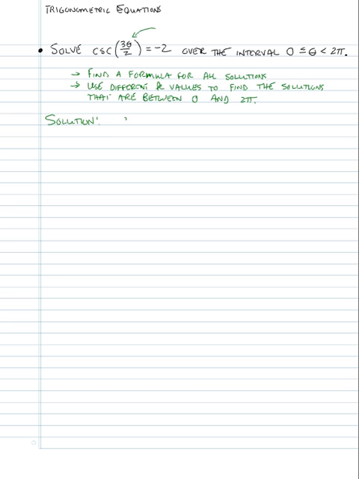We're trying to solve cosecant of 3 theta over 2 is equal to -2. Well, the very first thing I'm going to do is write that in terms of functions that I'm used to. And I recognize cosecant is the same as 1 over sine. So this is 1 over the sine of 3 theta over 2 is equal to -2.